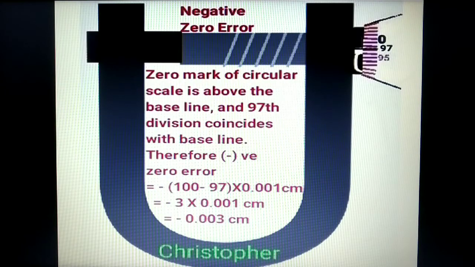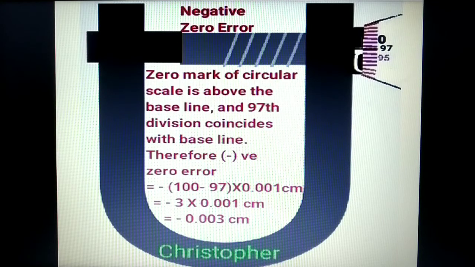We have to put the sign plus in front. Now we come to negative zero error. The zero mark of circular scale is above the baseline. As you can see, the black zero on the circular scale is above the baseline, and the 97th division coincides with baseline. Therefore, the negative zero error, we have to put a minus sign. Here we have to be careful.